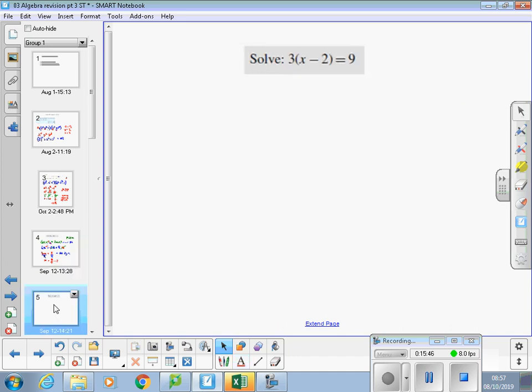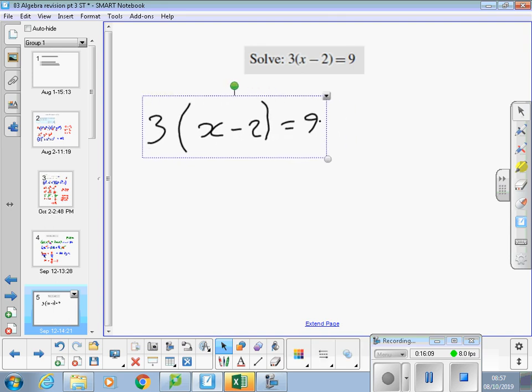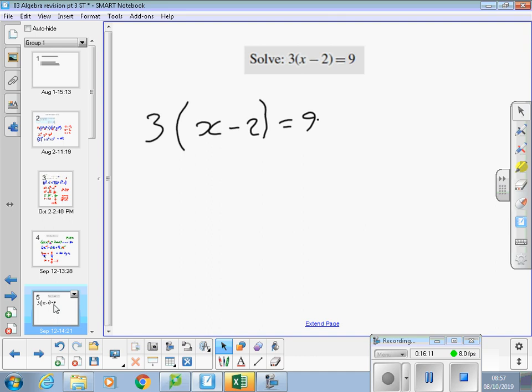So, what about 3x minus 2 equals 9? 3 brackets x minus 2 equals 9. What will we do to that first? What would you do with a bracket?